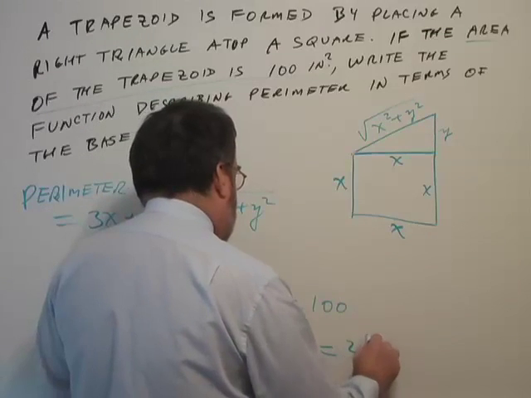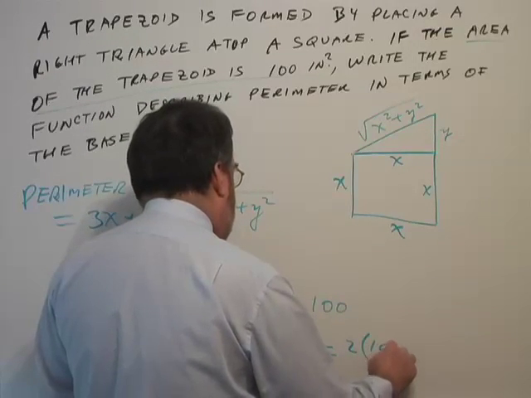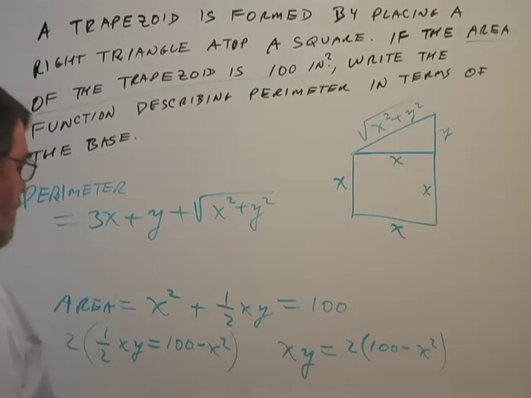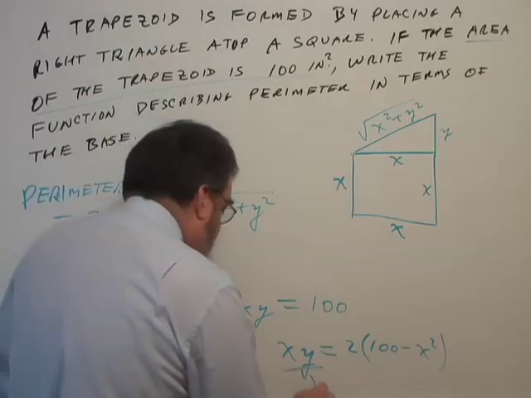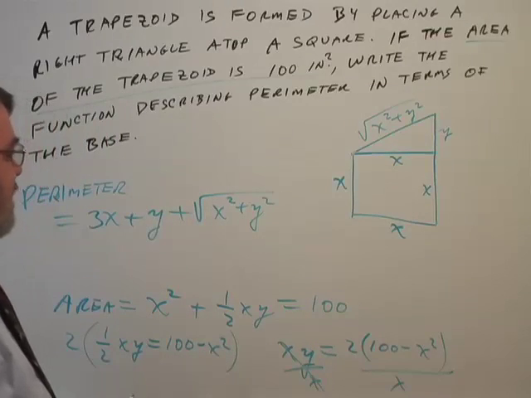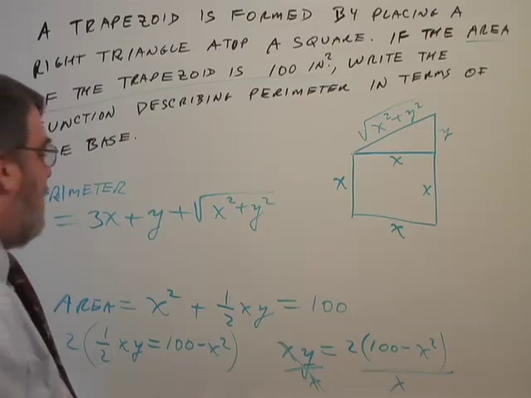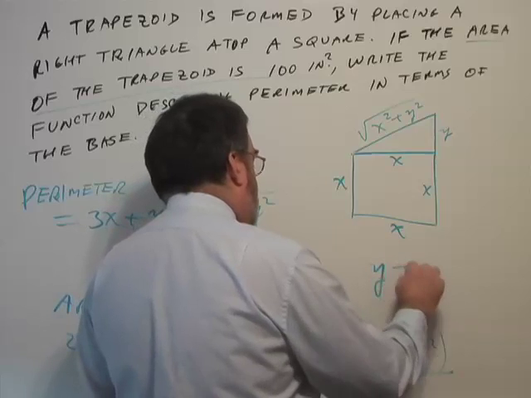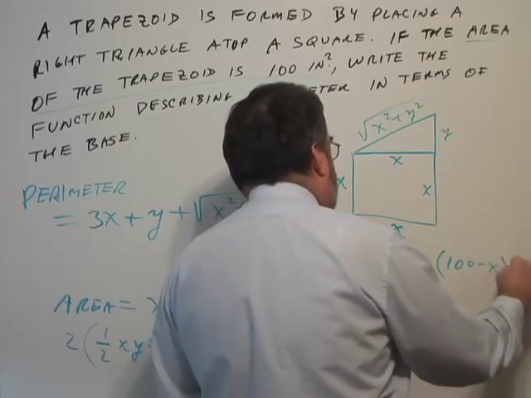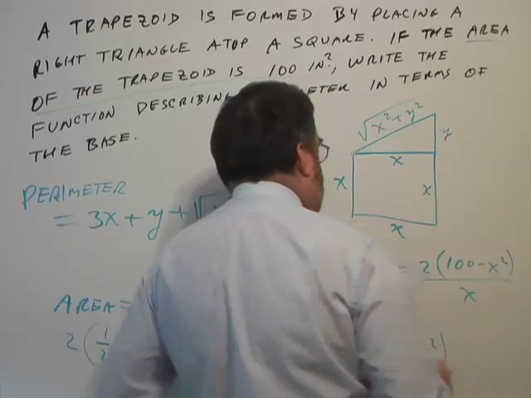Well, I'll tell you what, let me just keep it factored: 2 times (100 minus x squared). And now I finish solving for y by dividing both sides by x. The x's cancel, and there's my expression for y. So I know that y equals 2 times (100 minus x squared) all over x.